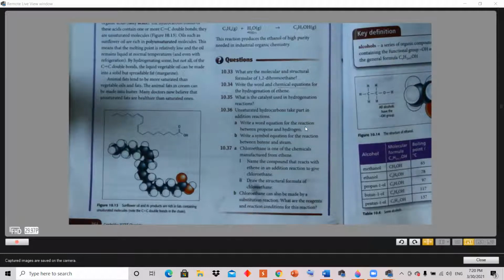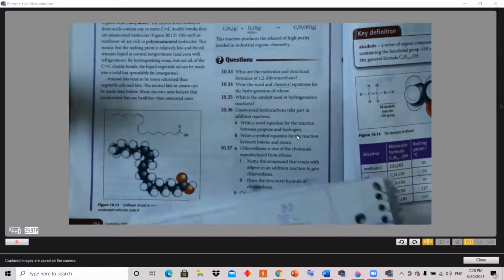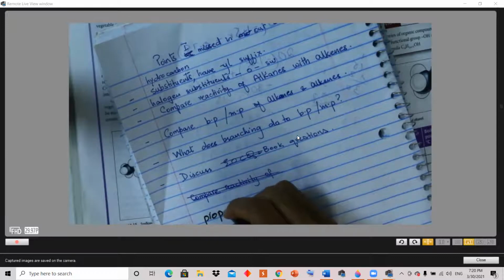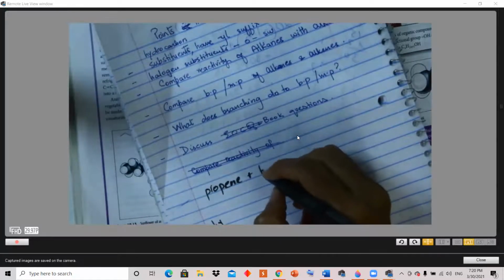Write a word equation for the reaction between propene and hydrogen. So let's see. Can we write it without looking at the back? Propene plus hydrogen.